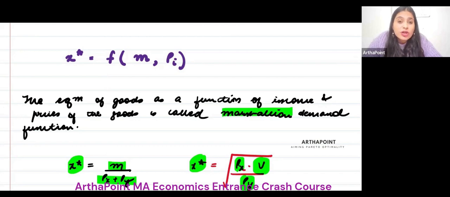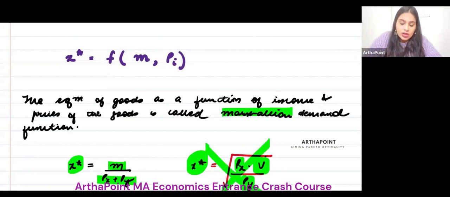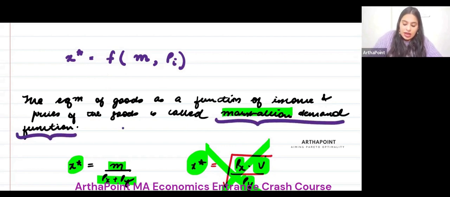It does not depend on income. It depends on the utility of the consumer. How much utility is needed will determine the consumption of X. This is not Marshallian. Marshallian has a definition that it should only be a function of income and prices. It should not be a function of any other thing. If you see utility in it, then it is not Marshallian demand.